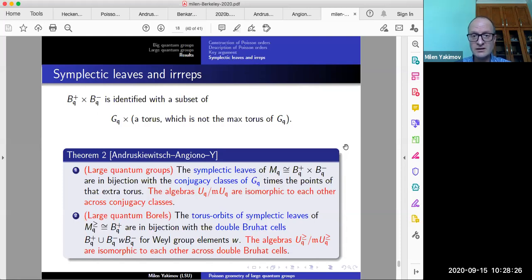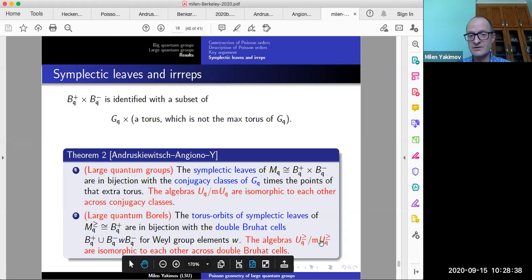So altogether, the first part of the theorem describes invariance of these fiber algebras along conjugacy classes. And in the second part, we have invariance of these fiber algebras along finitely many double Bruhat cells.